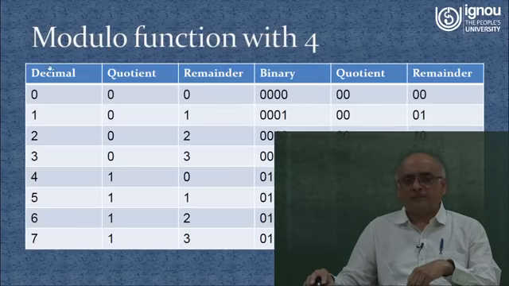For example, department number 0, when we divide it by 4, the quotient will be 0 and the remainder will be 0. So the 0th meeting room can be allotted to department 0. Department 1 gets the first, based on the remainder. Department 2, the second. Department 3, the third.